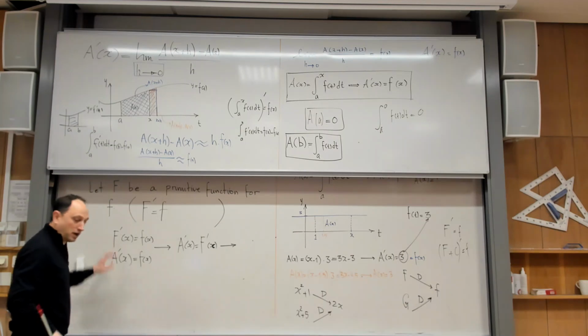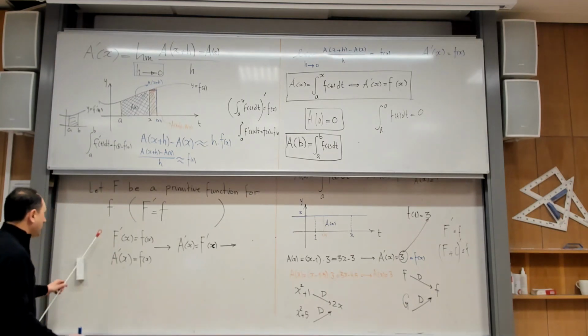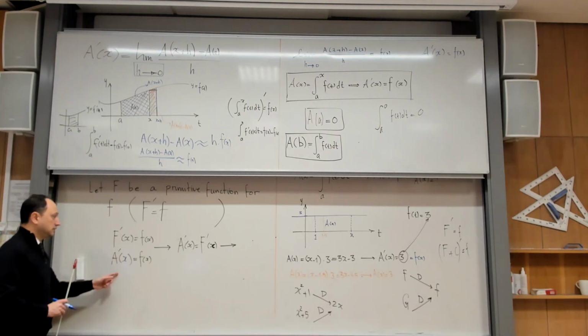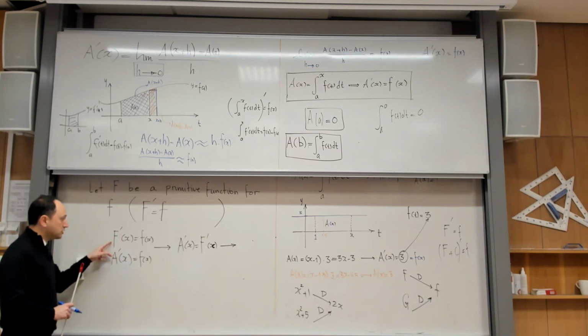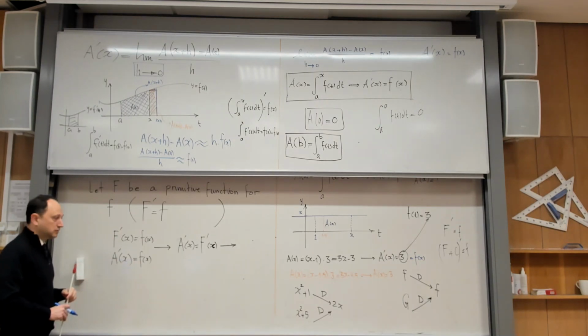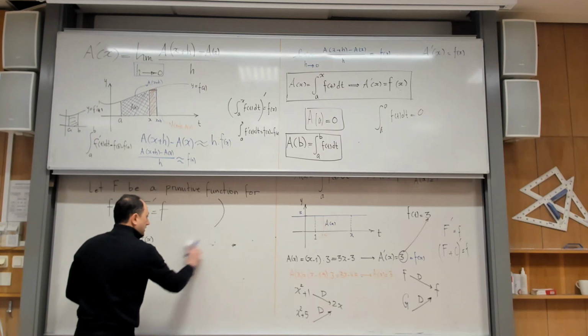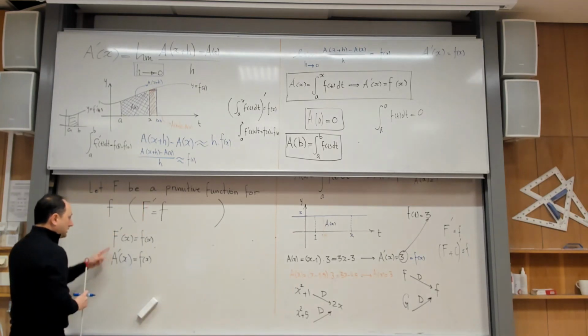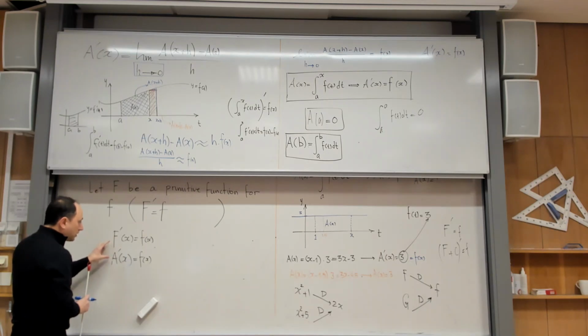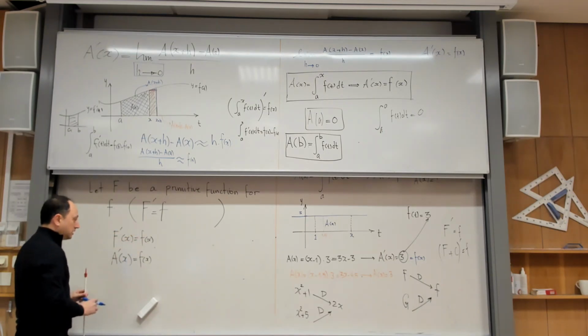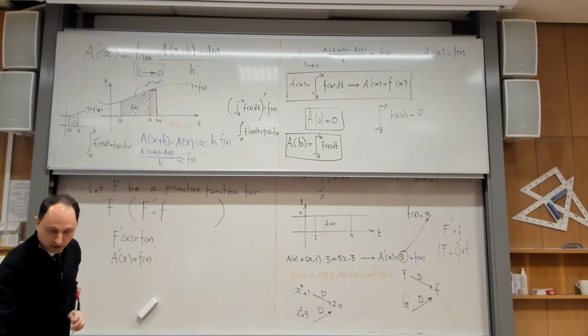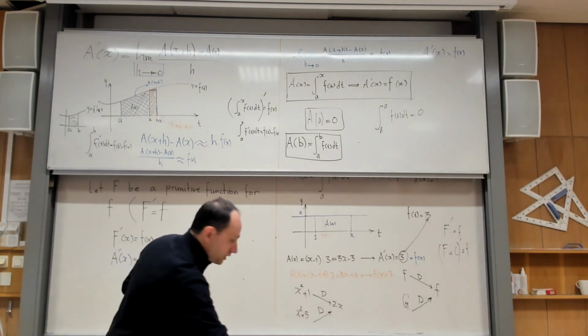Okay, now I want to go back here. This function and that function are primitive functions of the same function. So let us forget about this. This means that these capital F and capital A are primitive functions for the same function. So what can I conclude from here?